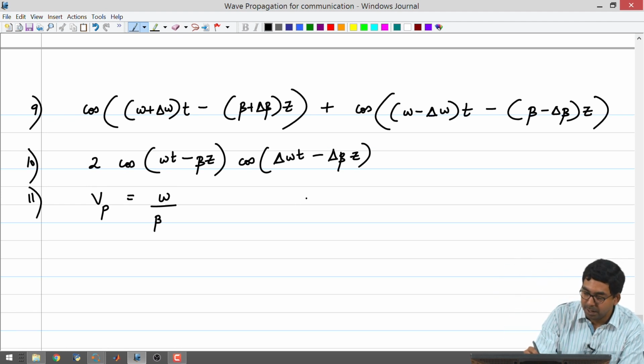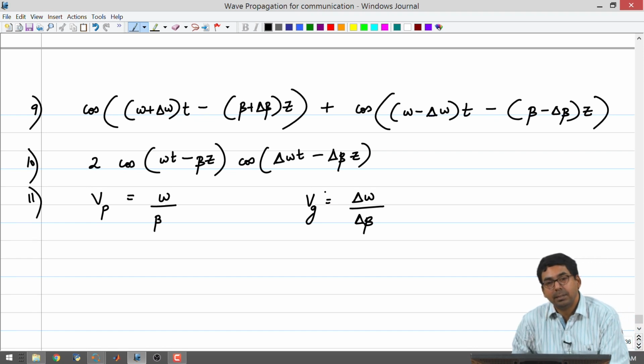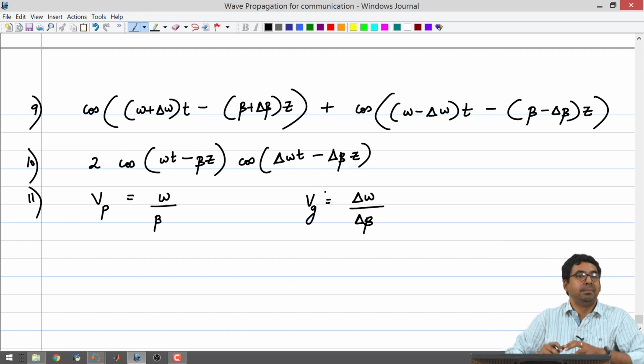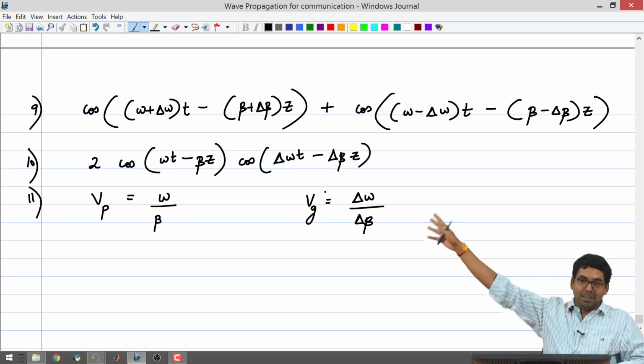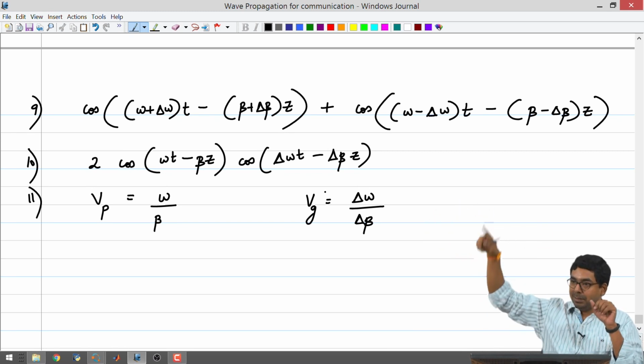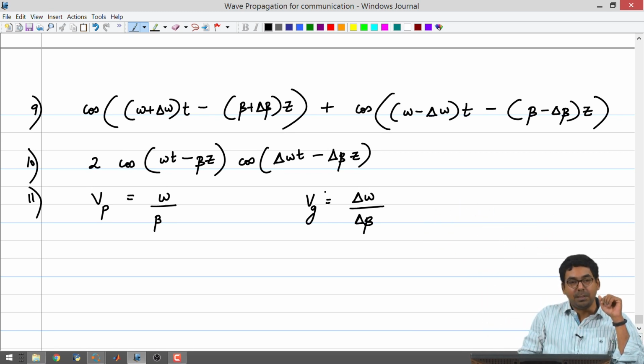So, I can just write down that is coming from the second sinusoid. You can also call that the phase velocity of that particular term, all right. But in this case we are calling it group velocity because it is telling you how fast the modulated signal is going from one side to the other side.